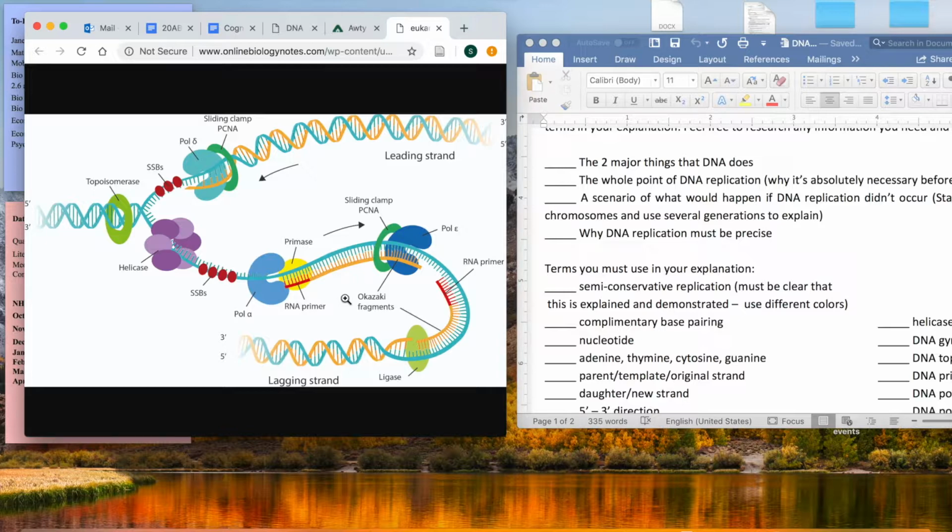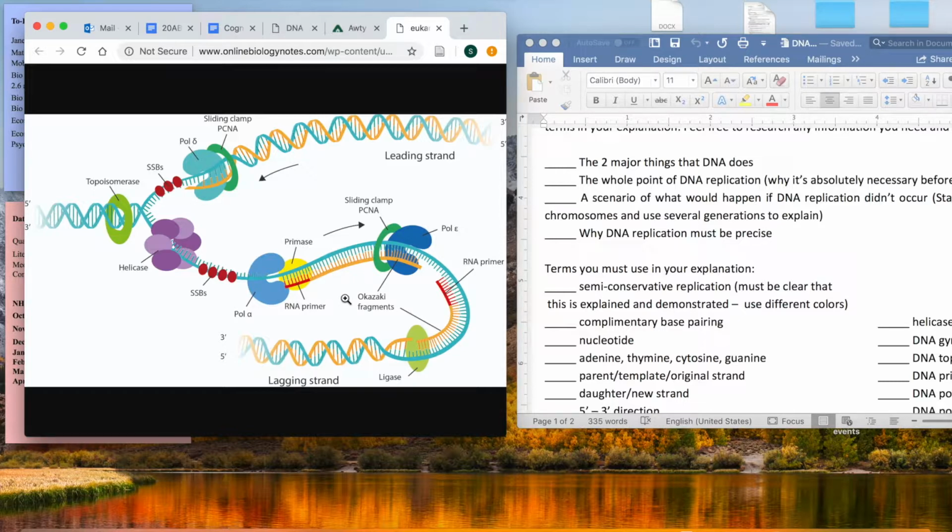DNA is made up of nucleotides, which are the basic structural unit of DNA. And nucleotides are comprised of three principal components. These components are a pentose sugar, a phosphate group, and a nitrogenous base.